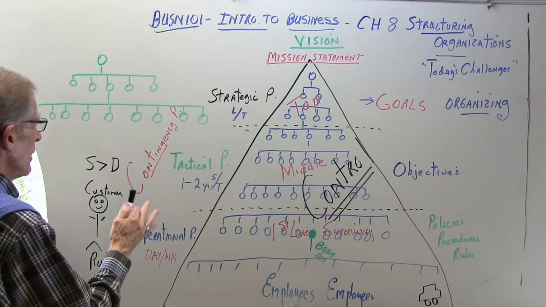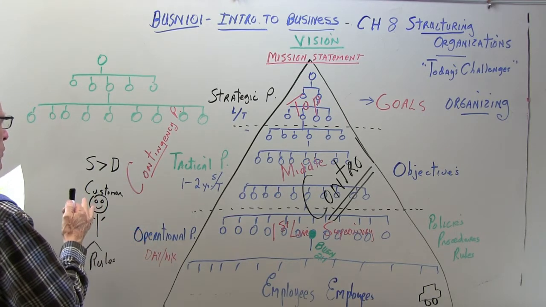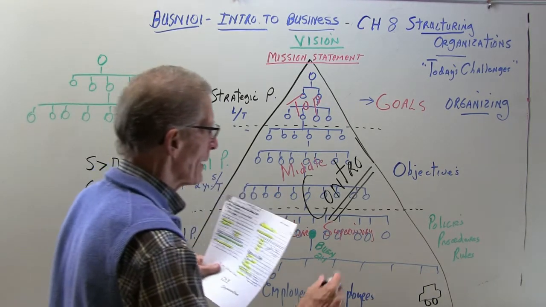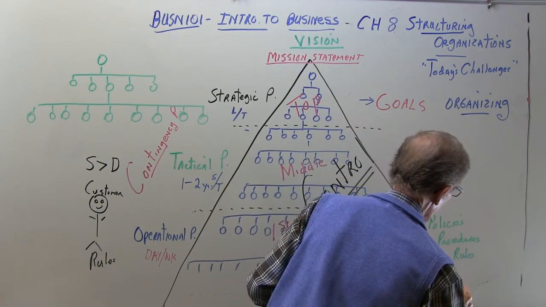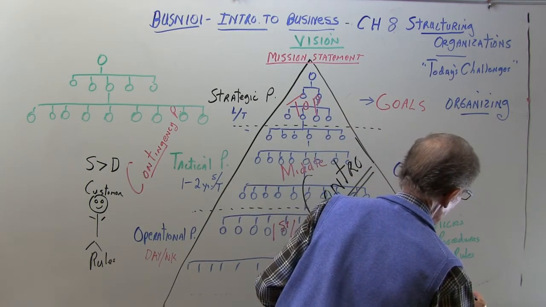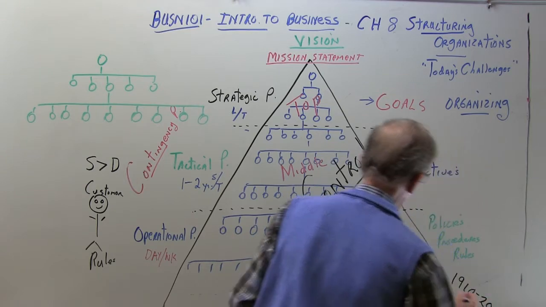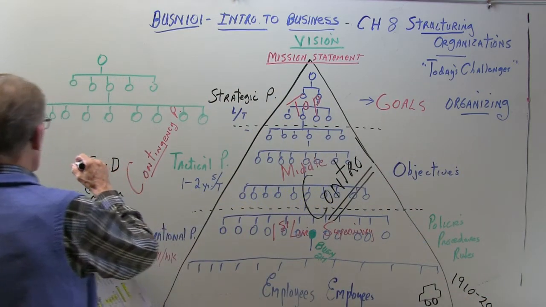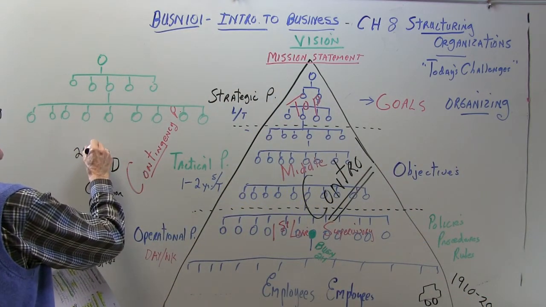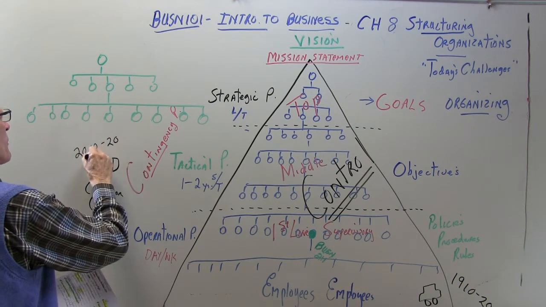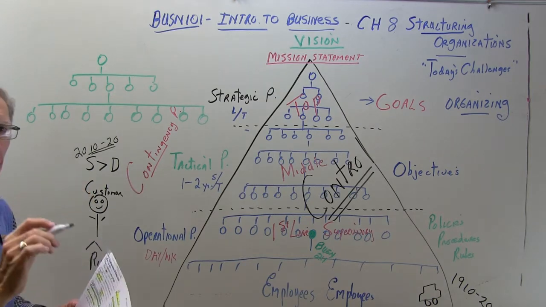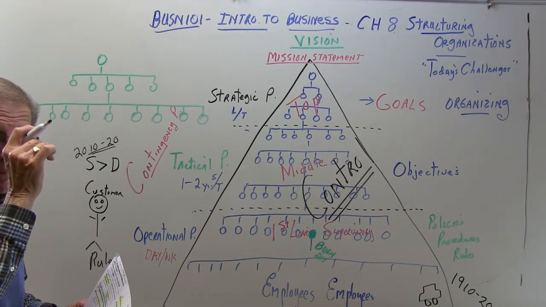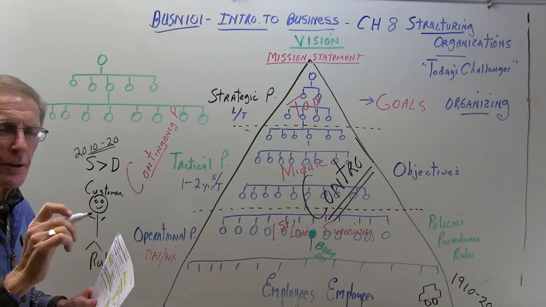If you're going to be successful in 2020, and I'll make this over here when we were talking about this, I'll just make this 1910, 1920. If you're going to be successful with the customer in 2010, 2020, you've got to be responsive to the customer. You've got to be able to respond to their needs.